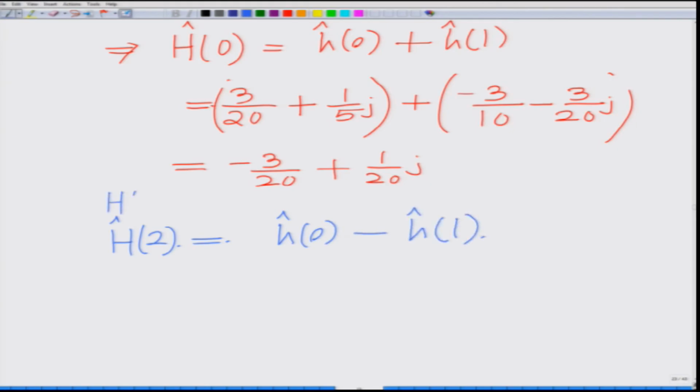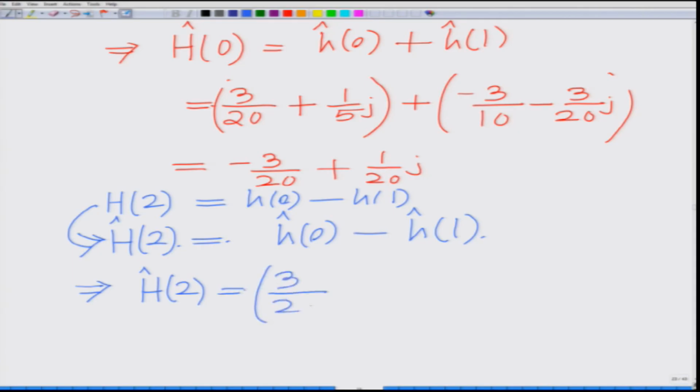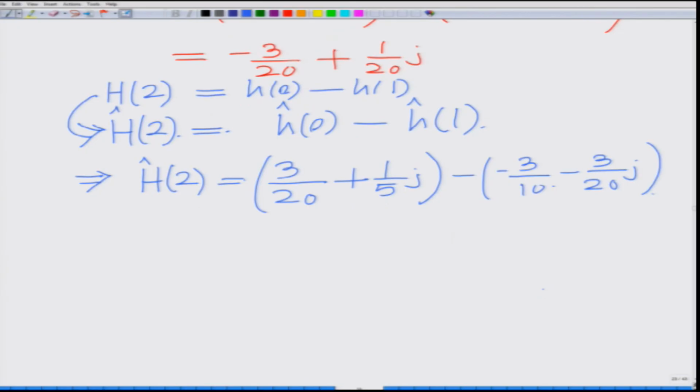This follows, remember, because H of 2 equals small h0 minus small h1. Therefore, capital H hat 2 equals small h hat 0 minus small h hat 1, which equals 3 by 20 plus 1 by 5 j minus, I am sorry, minus 3 by 10 minus 3 by 20 j, equals 9 by 20 plus 7 by 20 j. That is equal to your H hat 2.